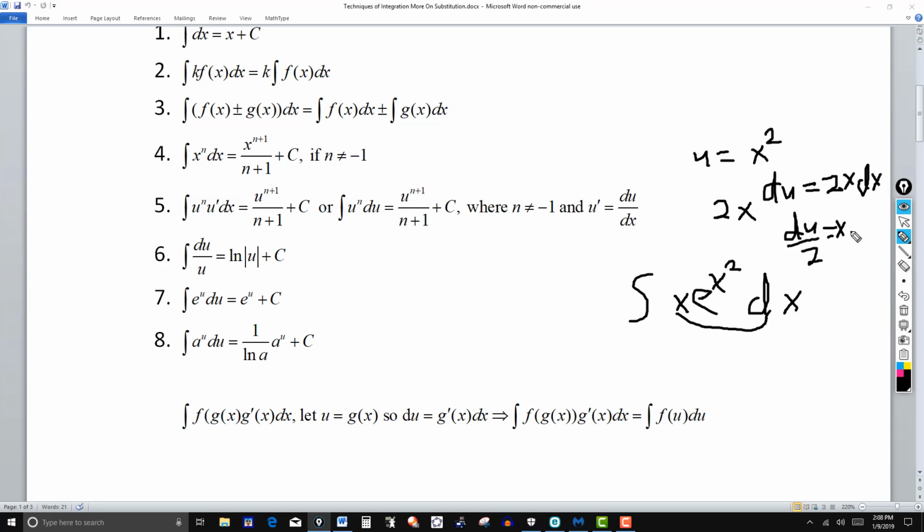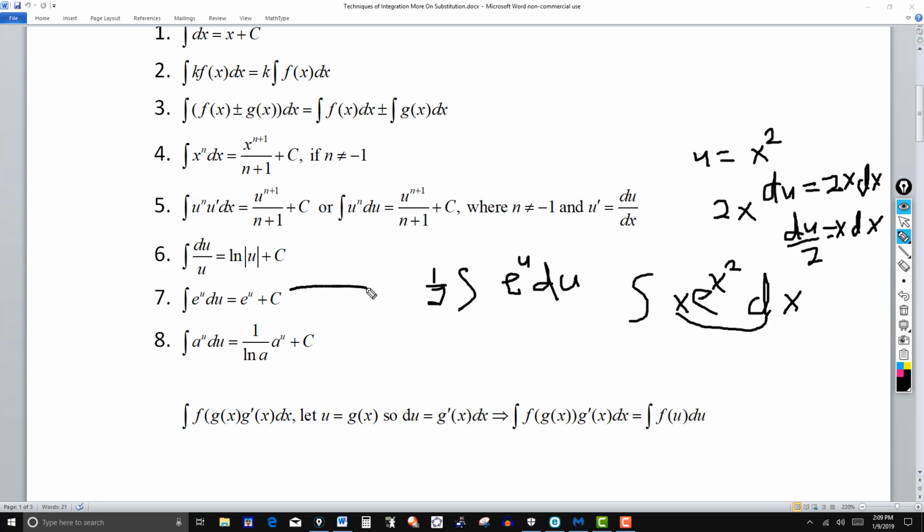So again, if you just have a constant in front of there, it's no big deal. You can still make the substitution, and this x dx gets replaced by du over 2, so this integral becomes e to the, x squared is u, I have my 1/2 over here, and then this is du. And then of course now you just use this formula right here.